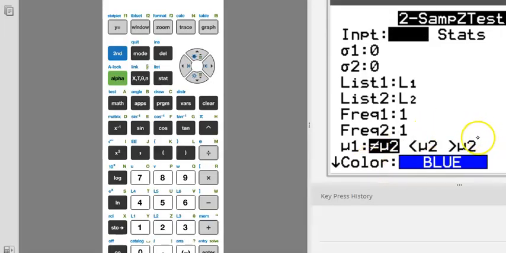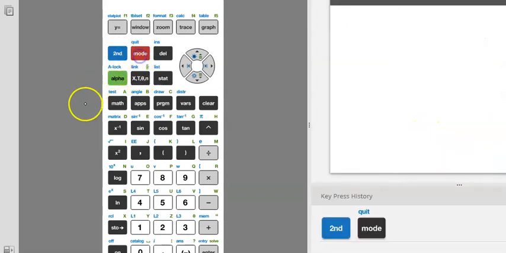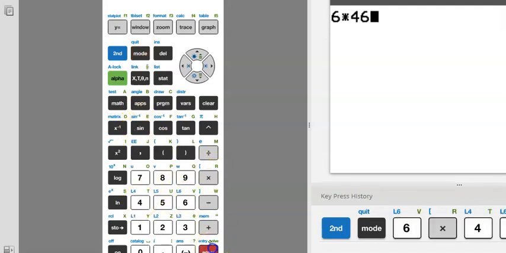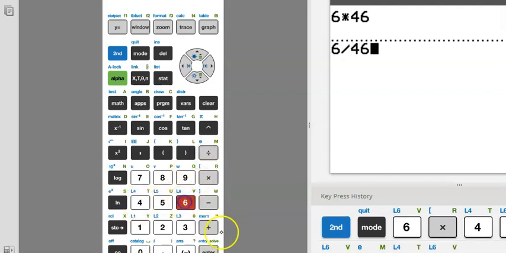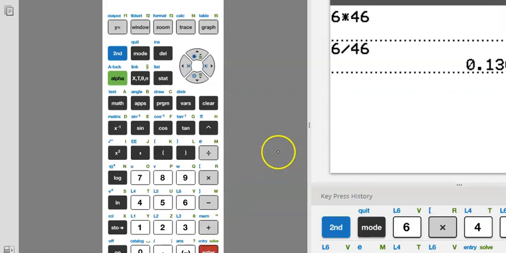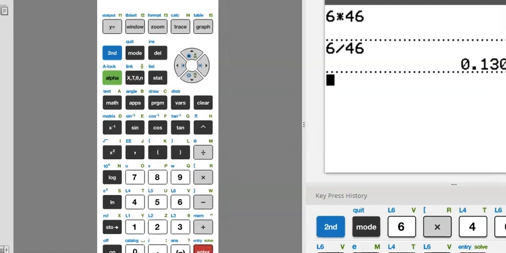Here we are. If I go ahead and clear, and take 6 divided by 46, I will get, and let me shift my table to 50, here we go.